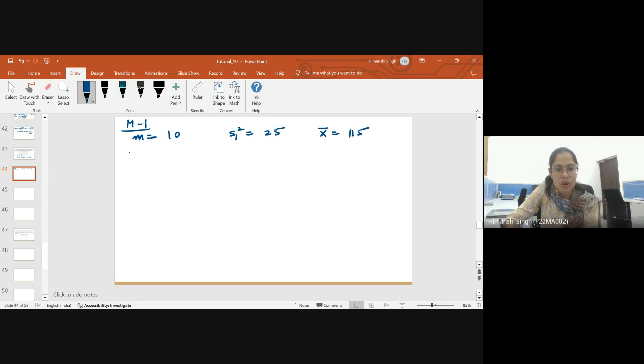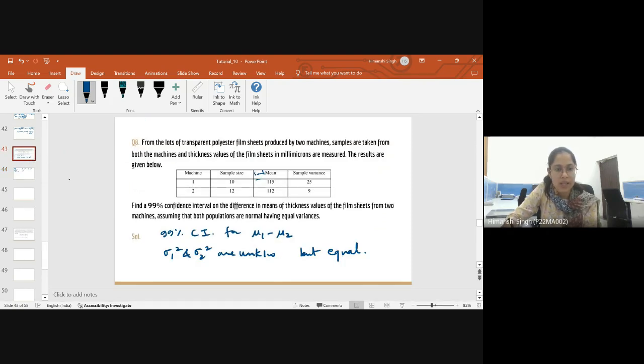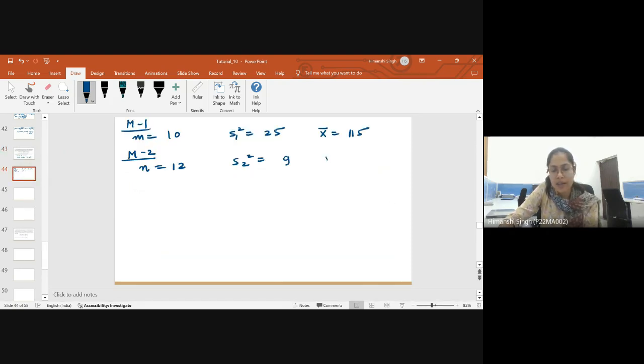For machine 2, we have n as 12, s2 square as 9, and y bar as 113.